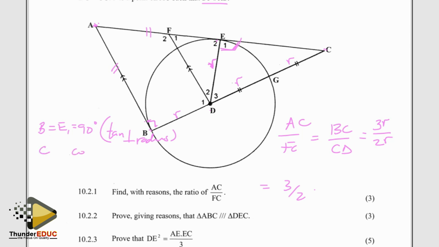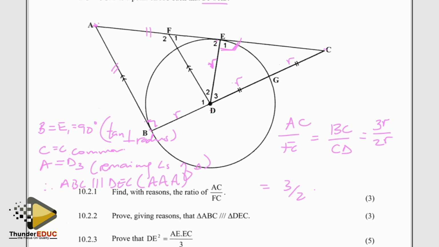Okay, C is common to both of them, which means that D3 must be the same as A. And the reason is the remaining angles of the triangle. So therefore, ABC is similar to DEC. Reason is angle, angle, and angle.